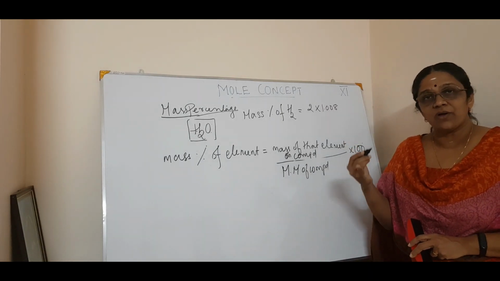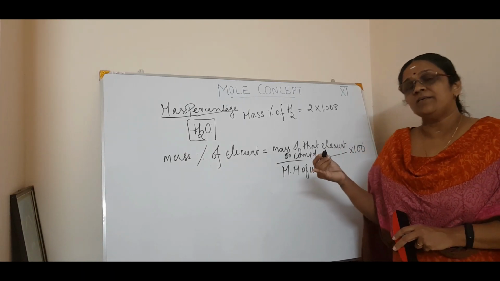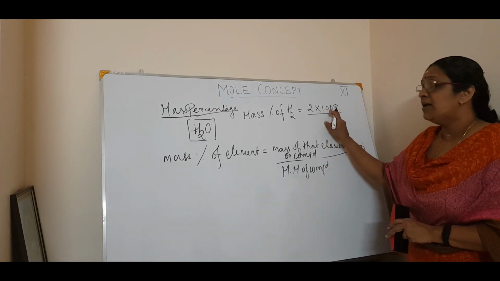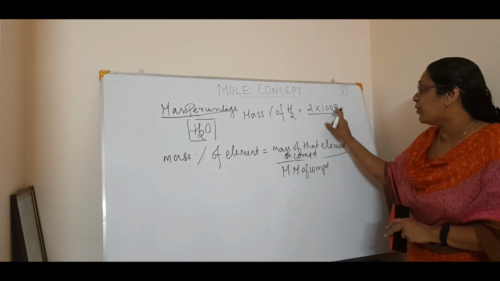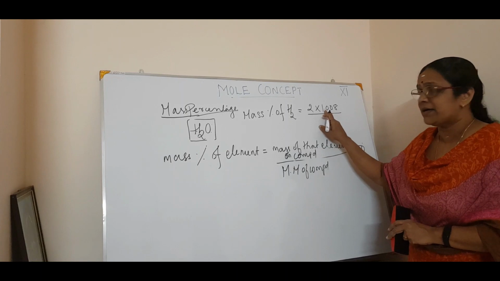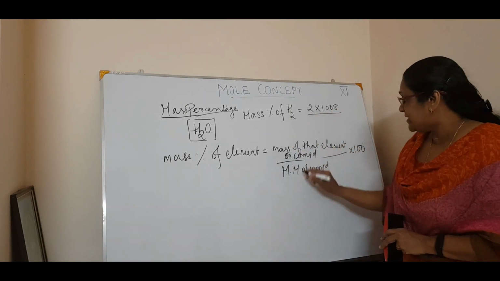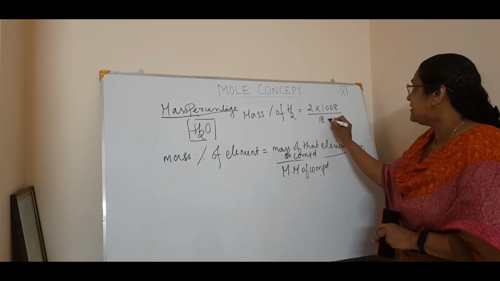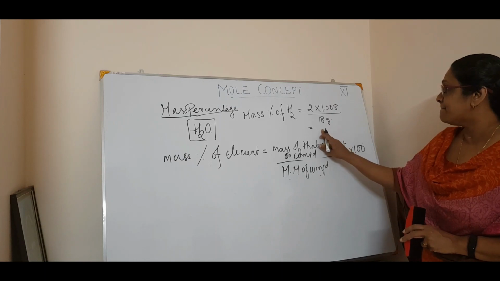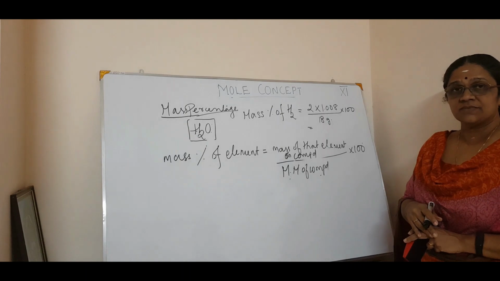Putting 1 is okay, but to be more precise, from 11th standard onwards they use the correct value, that is 1.008. So 2 into 1.008 divided by the molar mass of the compound, 18 gram. Now if you calculate it, into 100, you will get the percentage. Correct?